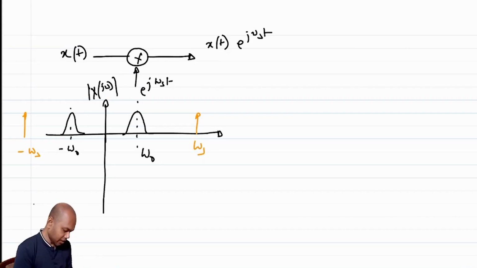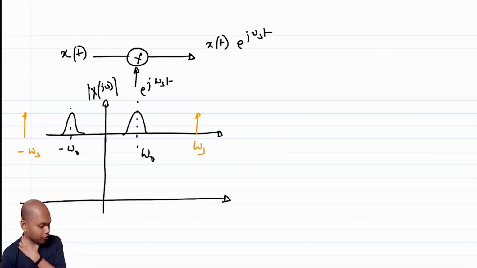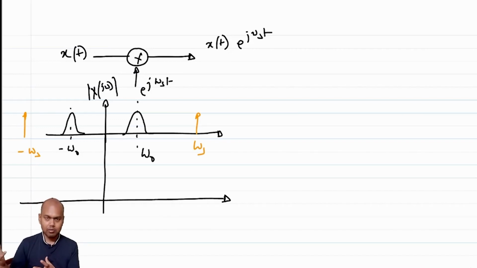So all of you must have done convolution. What happens to the Fourier transform if you do multiplication of two signals in the time domain? It essentially gets convolved in the frequency domain.